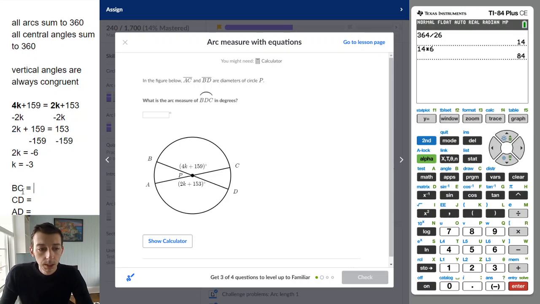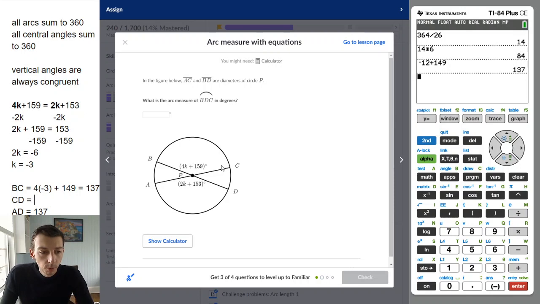So BC should be equal to 4 times negative 3 plus 149. 4 times negative 3 is negative 12, plus 149 is equal to 137. Because BC is the same as AD, this should also be equal to 137.